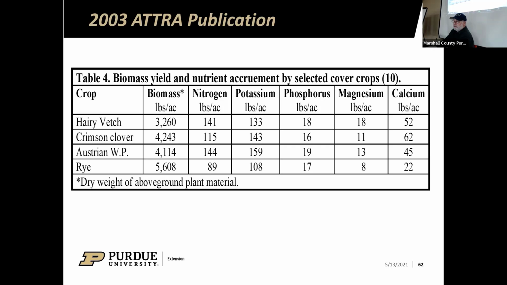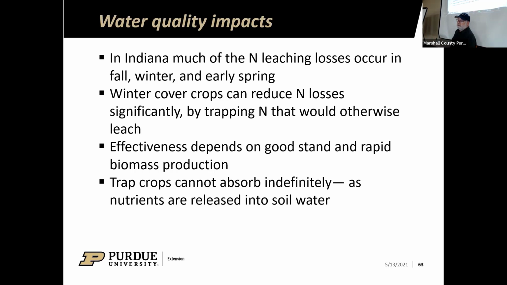So growing these will actually be harvesting some nutrients to help with nutrient cycling in our soil by having them present in these cover crops. So we can keep more of a natural process going of returning nutrients to the soil.